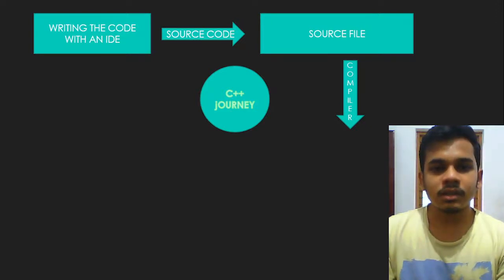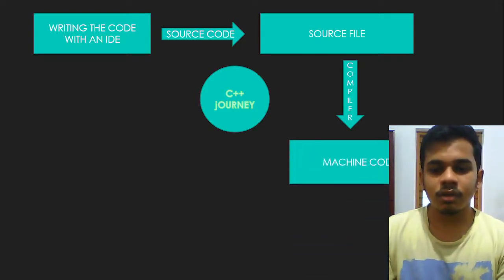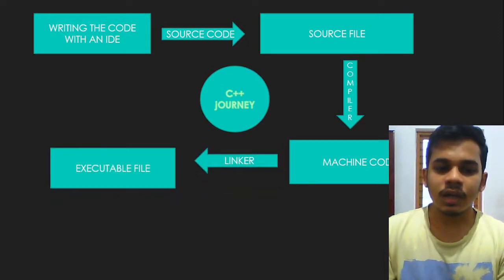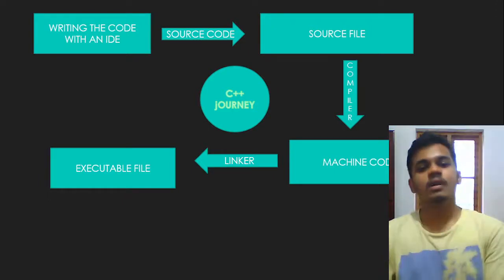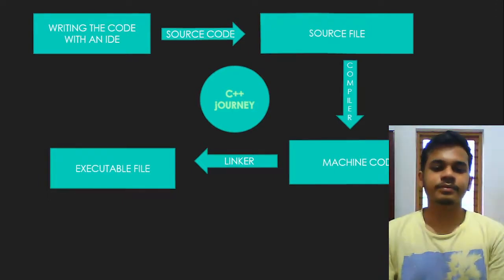The compiler converts our written code into machine readable form, which is called the machine code, and the machine code is converted by the linker into an executable file. Okay, so this is the C++ journey, how we write a program and how we can convert it into an executable file. Now let us move to the next slide.